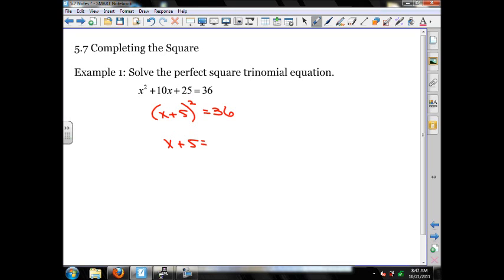When you square root both sides, remember x plus 5 could be 6, or it also could be negative 6. And then what? Subtract 5. So then we get positive 6 minus 5 is 1. Negative 6 minus 5 is negative 11. That equals 1 or negative 11.